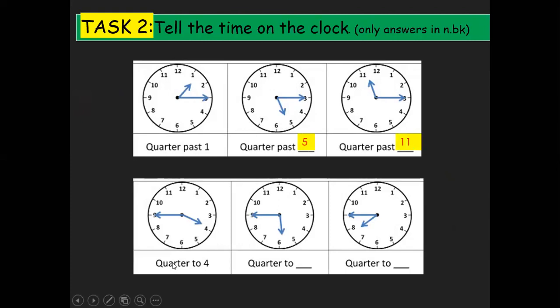Now what about quarter to? This is 15 minutes before the bigger value. So if this is 15 minutes before the time between 3 and 4, we're going to use the bigger value, which is 4. So this is 4:45. And so therefore, if we have 15 minutes before the time between 5 and 6, that becomes quarter to.